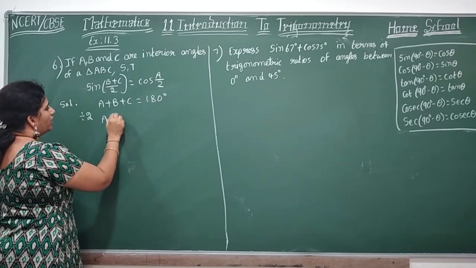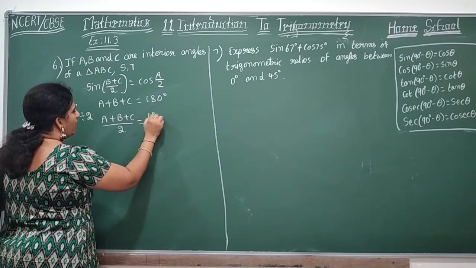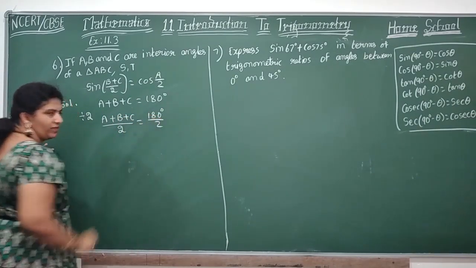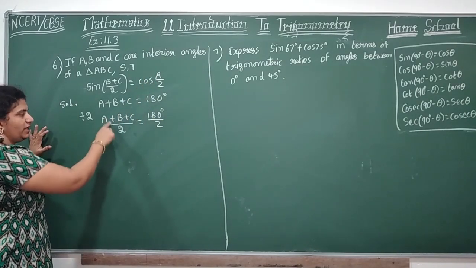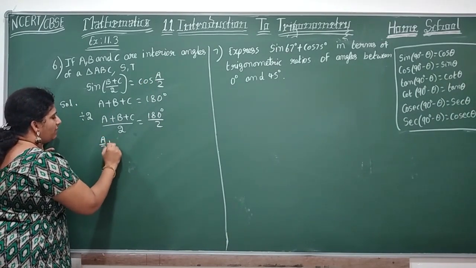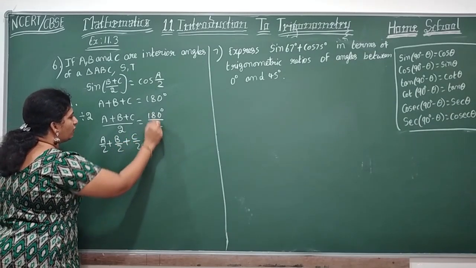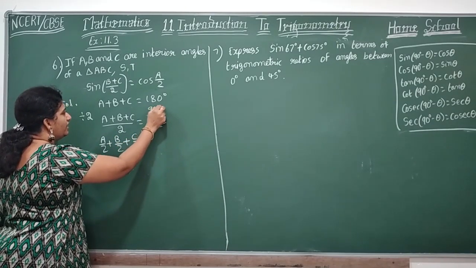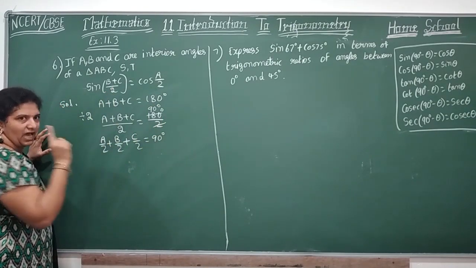So, (A plus B plus C) by 2 is equal to 180 degrees by 2. Now, let me take the denominator separately. A by 2 plus B by 2 plus C by 2 is equal to 180 by 2, which will be 90 degrees.